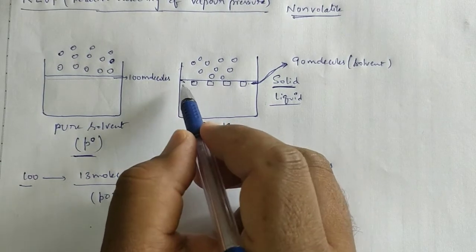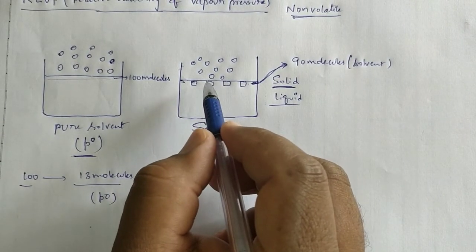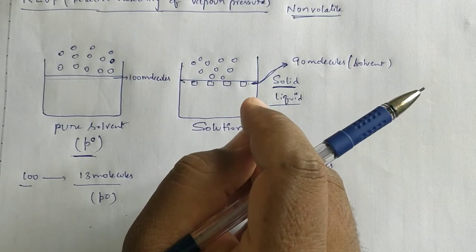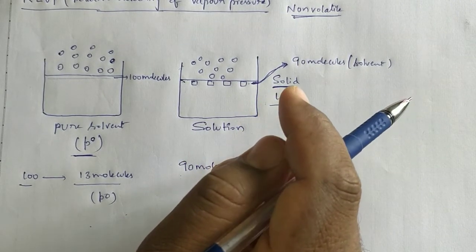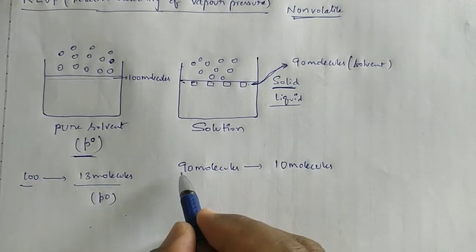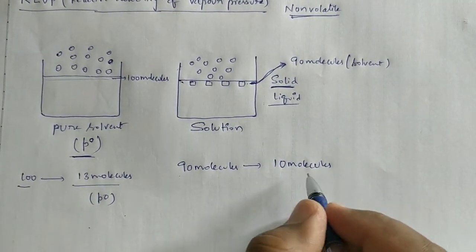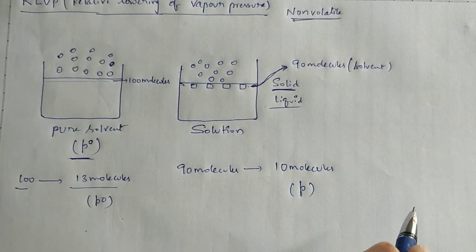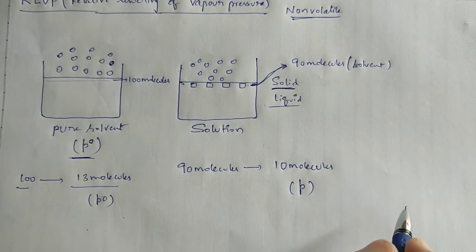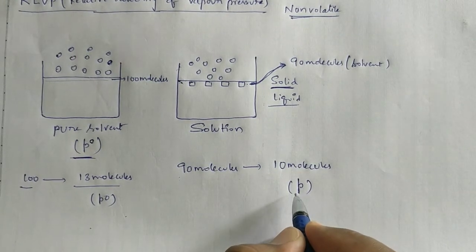That's why fewer water particles are present on the surface. When fewer water molecules are present on the surface, the possibility of evaporation will be less. That's why out of 90 molecules only 10 molecules escaped into the gaseous state. Those 10 molecules apply some pressure P.